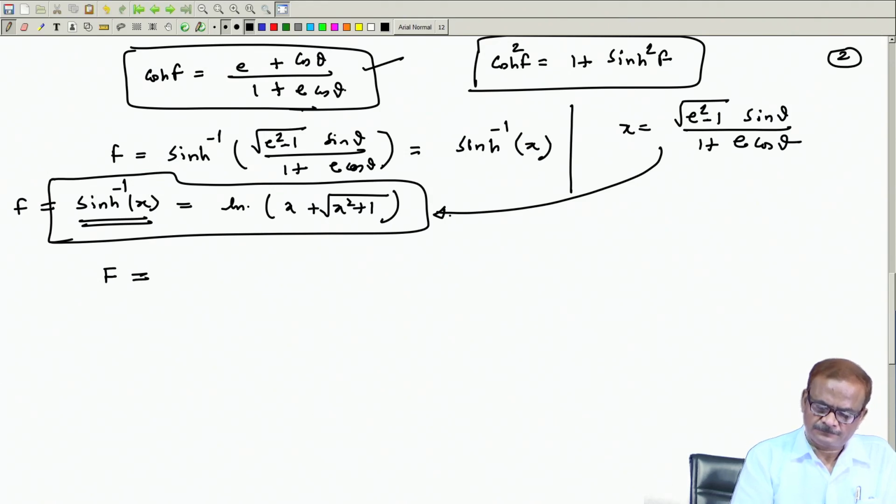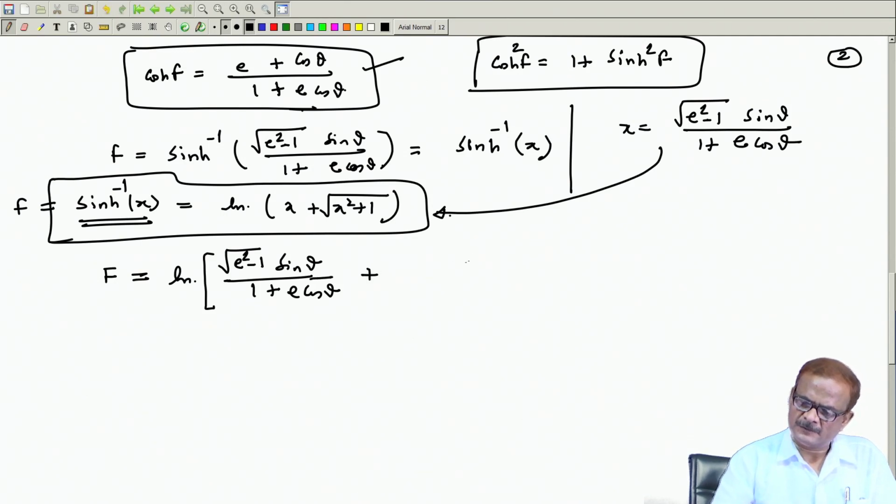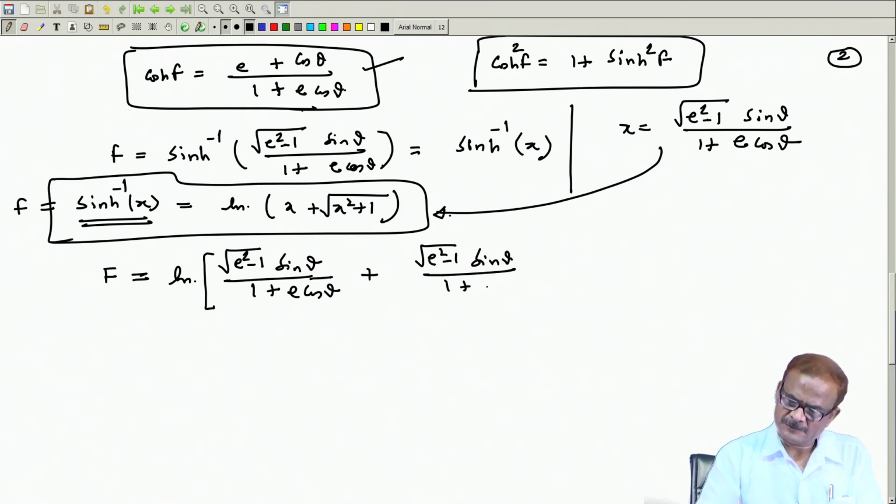Therefore, we get f equal to ln of, in brackets, the whole thing has to be copied: under root e squared minus 1 sin theta divided by 1 plus e cos theta, plus the square root of x squared plus 1, where x is under root e squared minus 1 sin theta divided by 1 plus e cos theta, this whole squared, plus 1.